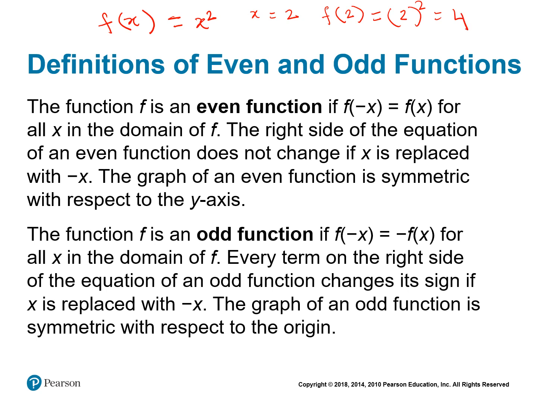What would make it an even function is if we replace 2 by its negative. If x is replaced by its negative, so if 2 is replaced by -2 and we evaluate the function, we should get a 4 for our answer. So let's see, we got -2, and -2 squared is also 4, correct?